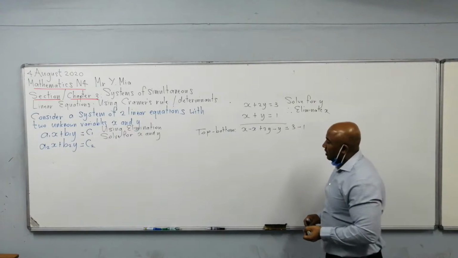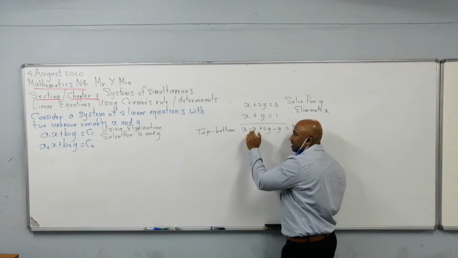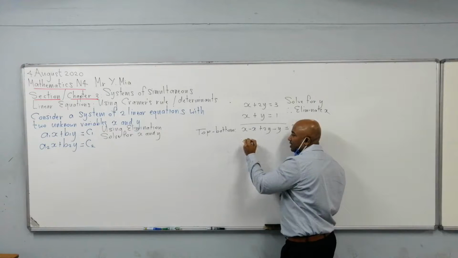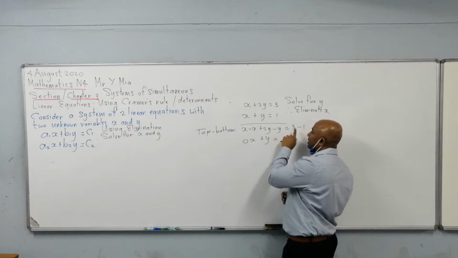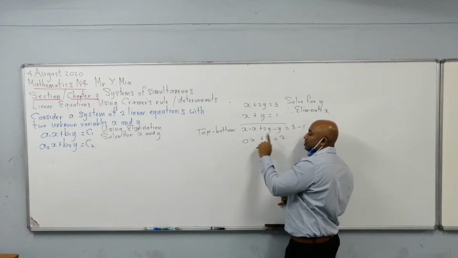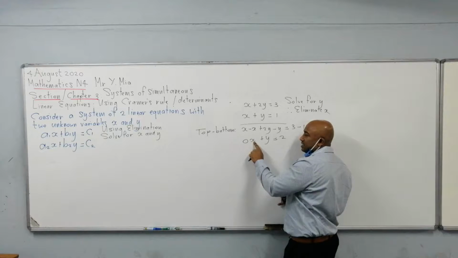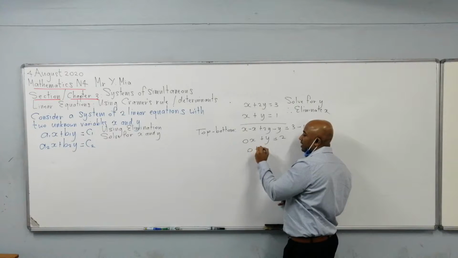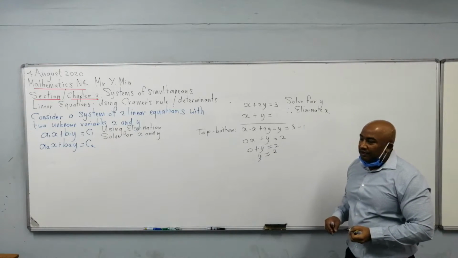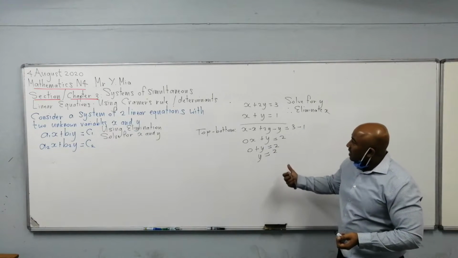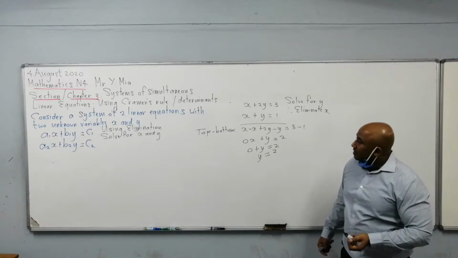So what just happened now? We got x minus x, which becomes 0x, and then 2y minus y is just y, and then 3 minus 1 is 2. So 0 times anything is 0. So that's just 0 plus y is equal to 2. That means y is equal to 2. So x has been eliminated and we solve for y.